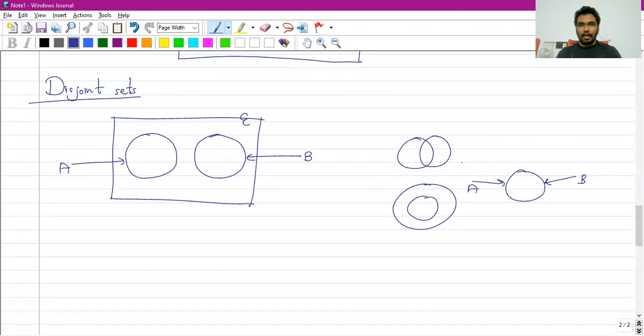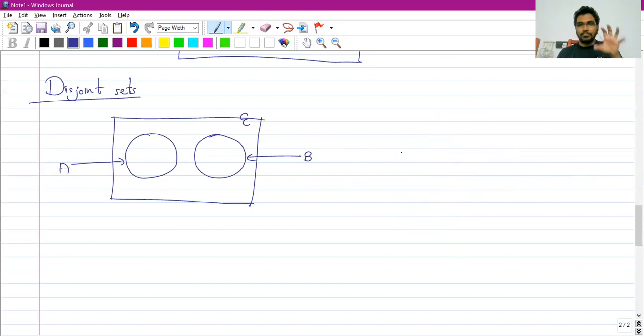So if they have common elements, it must be one of these three Venn diagrams. But here, those are disjoint, those are separate. That means those sets do not have any common elements. So these types of sets are known as disjoint sets.